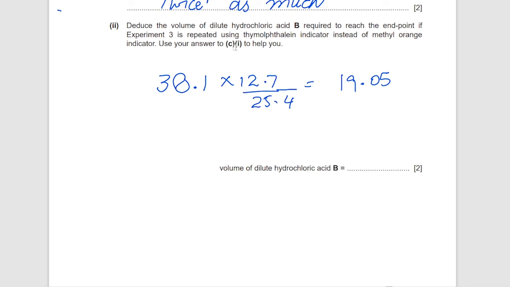Use your answer to C1. Okay, we will use our answer to C1. C1 is saying the value is double. We will divide these two values, 12.7, titre 1, divided by titre 2, multiplied by our third experimental value, that is titre value 38.1. So the answer will be 19.05. You people can write 19.1 as well.